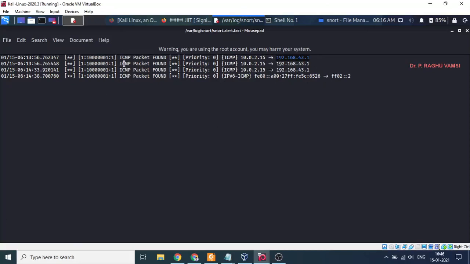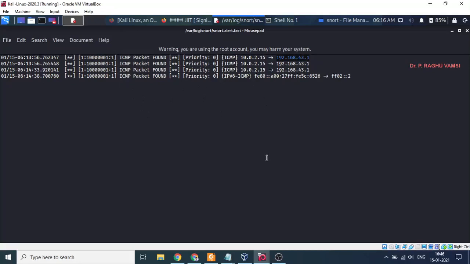Now it is from the network address translation address, which is 10.0.2.15. It is giving an ICMP request to the network ID of the mobile hotspot. Then it is giving the reply. So that was recorded here.